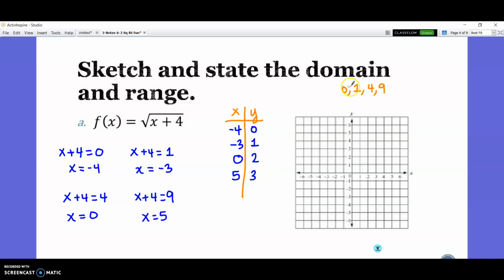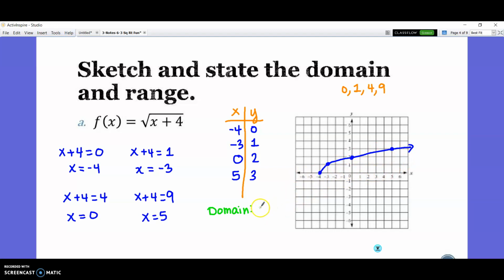So I'm always going to make what's underneath the radical equal to these numbers in order to sketch my graph. So the points are -4, 0; -3, 1; 0, 2; 5, 3. Okay, so then that would look like this. So sketch the graph, and then my domain: now this graph has moved to the left all the way to -4.